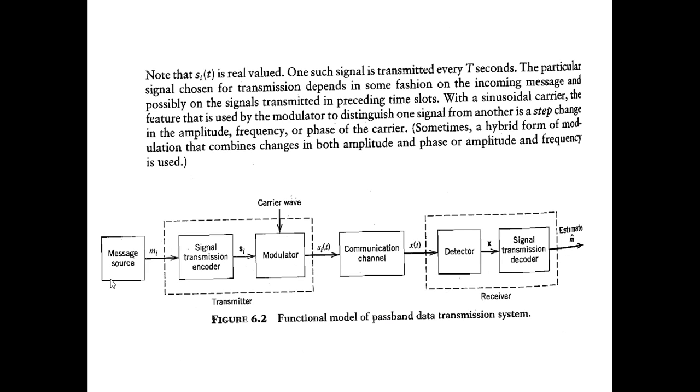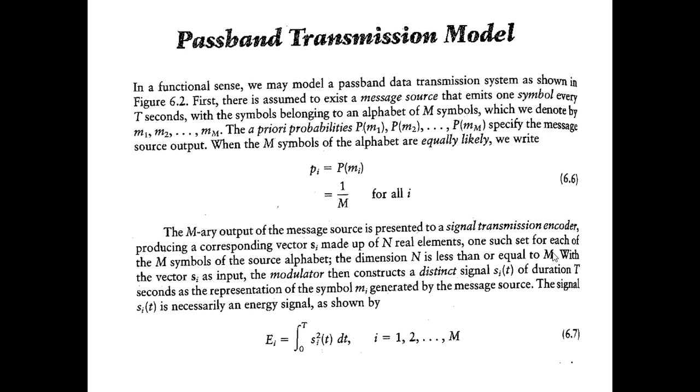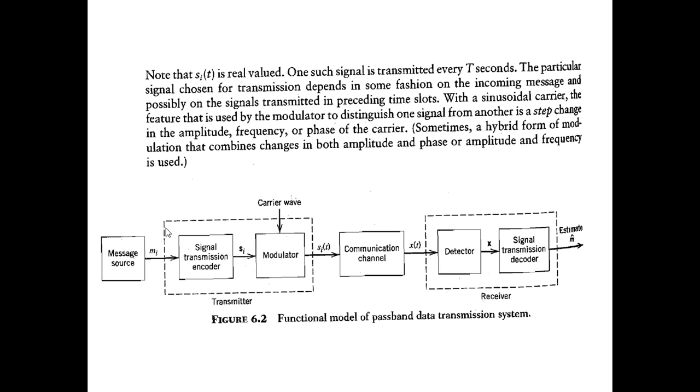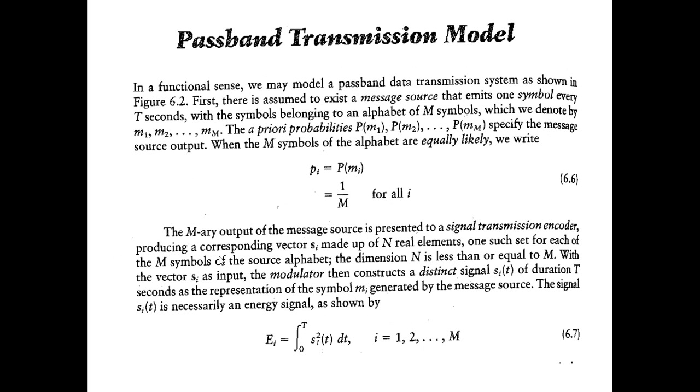Here is the diagram, especially for the passband data transmission system: message source, signal encoder, modulator, communication channel, detector, and signal transmission decoder. First, the symbol mi is generated by the source, where all the symbols are equiprobable as we assume.